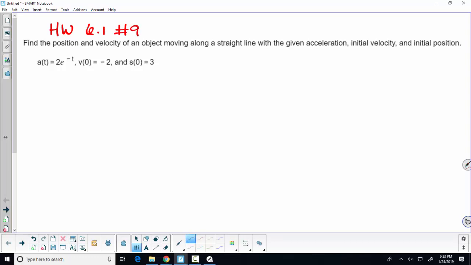Find the position and velocity of an object moving along a straight line, given the acceleration, initial velocity, and initial position. So we technically haven't done an example like this, so I suppose we could work through this one, and then maybe forego the one we have in our notes. Is that fair? Sure. It's all the same, really.